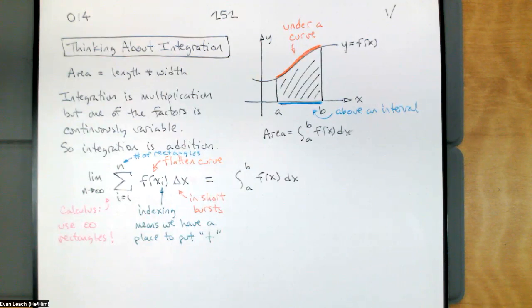The weird thing is, instead of taking the limit as n goes to infinity of the sum of all these rectangles, we are now writing this definite integral notation, the integral from a to b. This part of the integral is telling us everything that we should plug into the expression f of x dx. That's the place. That's all the x values. We're going to evaluate the expression f of x dx.